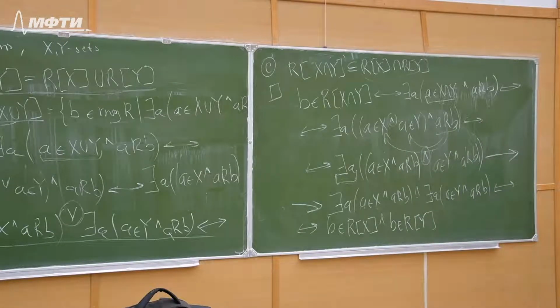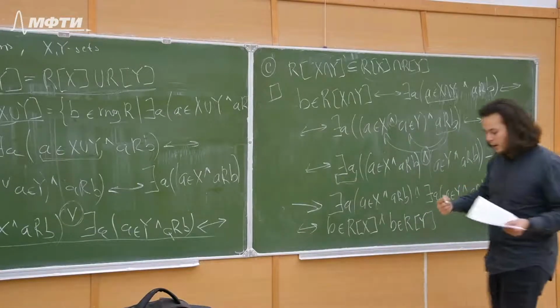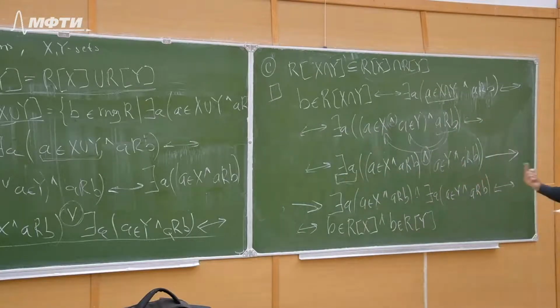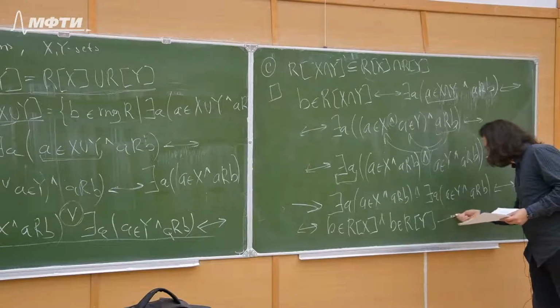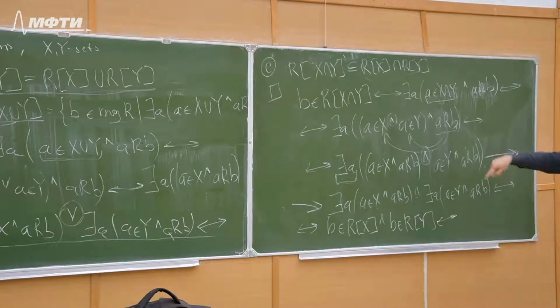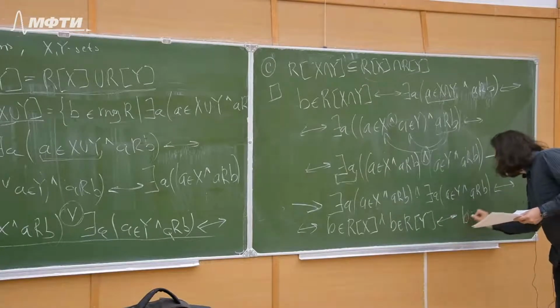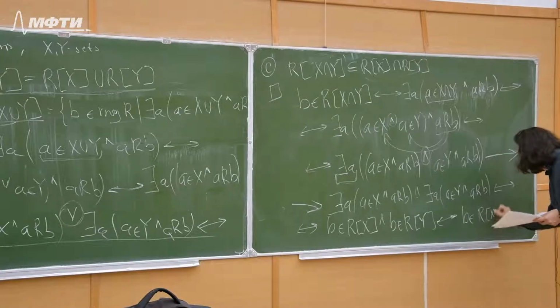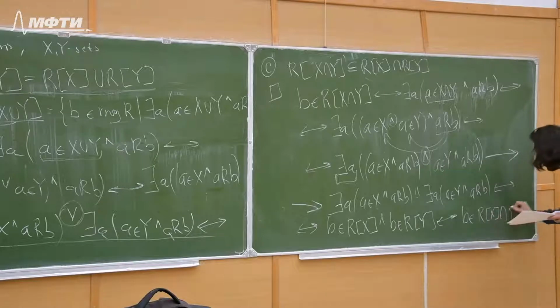So B belongs to the intersection of R(X) and R(Y).